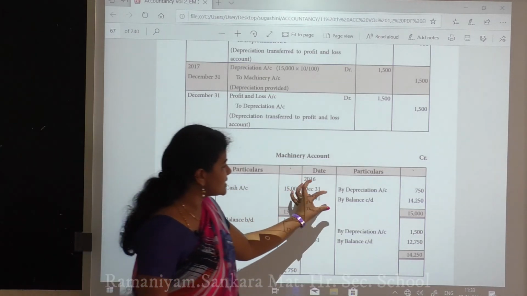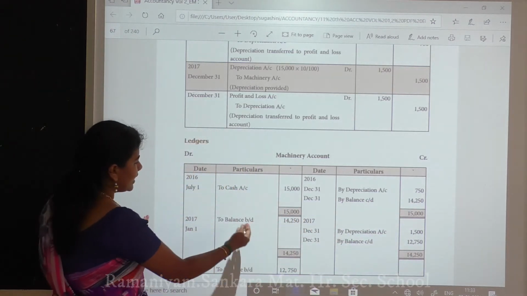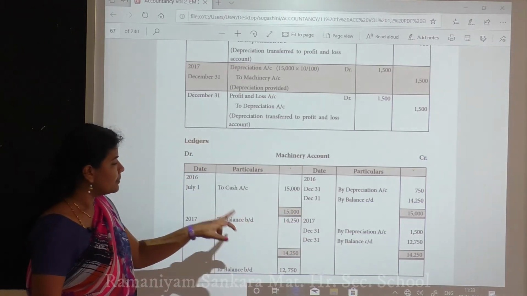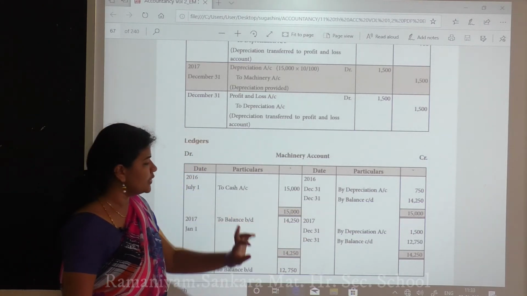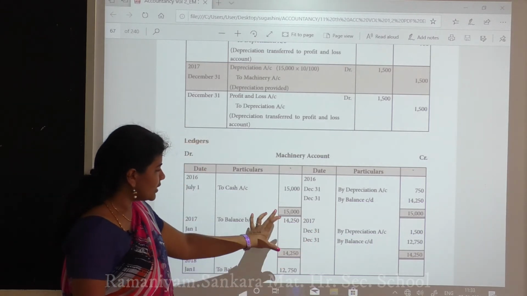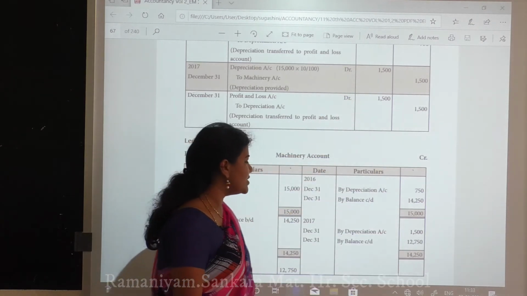Here you take the amount by balance c/d 14,250, and brought down here. This is c/d, closing debit, and this is b/d, brought down, 14,250. Calculate this amount here also, and by depreciation account write this 1,500 over here.